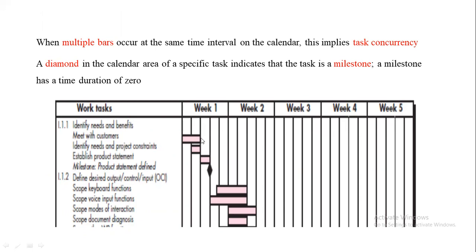That is, at the end of the third day, we have to complete the product statement. So from the diagram, you can find out what all the tasks are, when we have to start and complete them, and what the milestone is. This is the graphical representation.